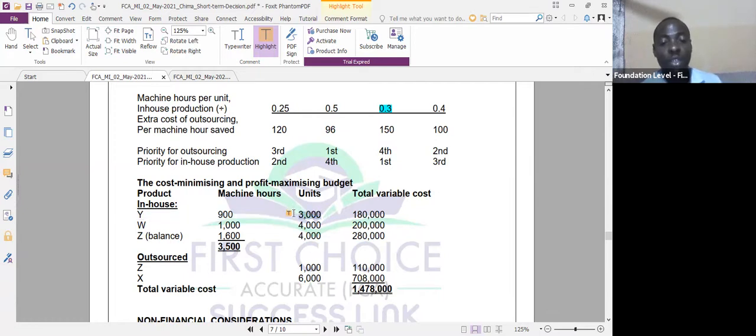So 0.3 multiplied by 3,000 units will give you 900 machine hours for Y.